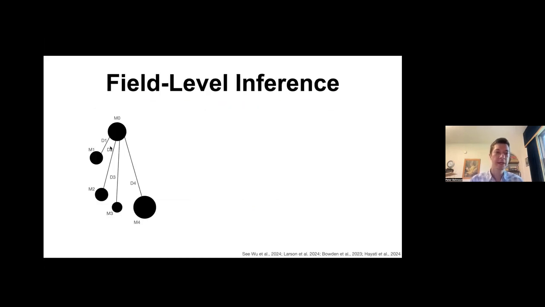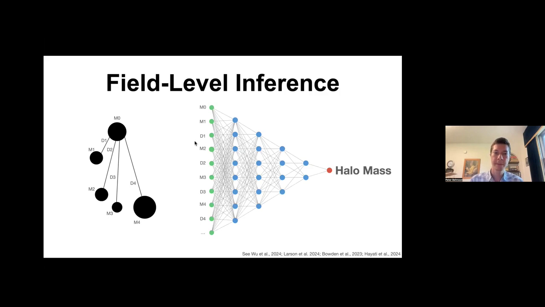Well, the thought is, if we just list all the information that a distribution of galaxies might have, so things like magnitudes and distances to other galaxies, if we just throw all of that into a huge input vector for a neural network, then we can train that neural network on the simulation to get out any property that we want, like a halo mass or a halo growth rate or anything else.